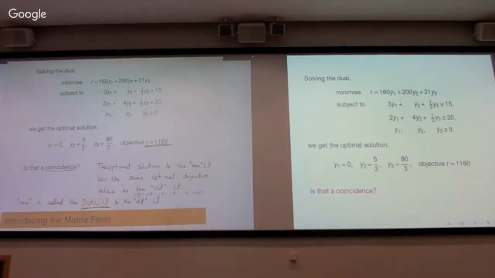And I was hoping that that would give me a decent feasible solution to the dual, so a good bound. Okay. Any questions about this or any issues with it?